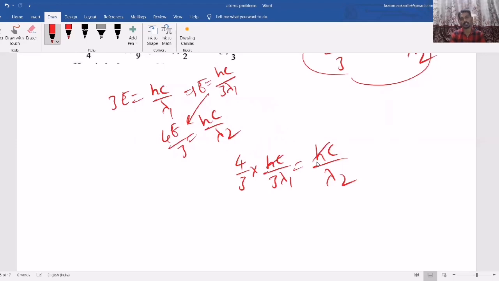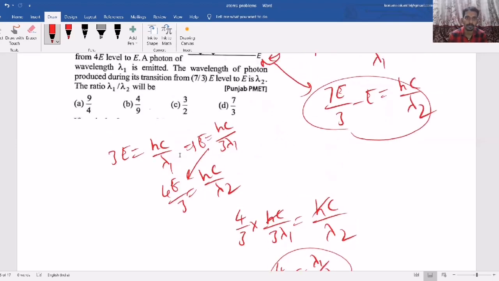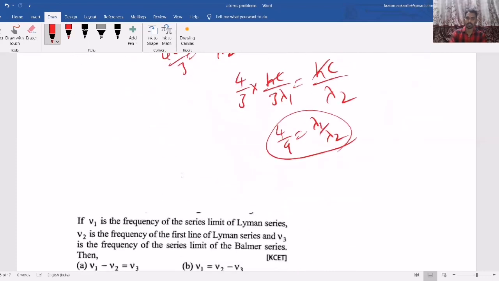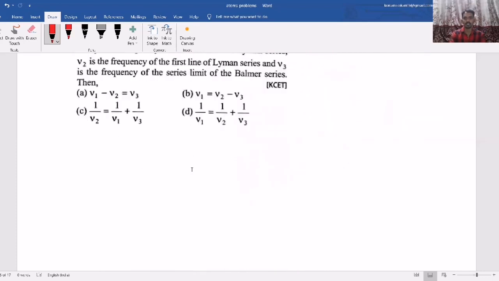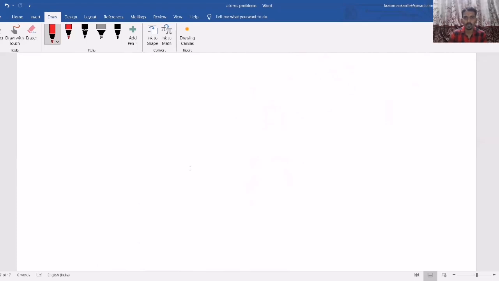So hc cancels. So 4 by 9 equal to lambda 1 by lambda 2. So this way again it is comparison based, but they have given their own energy values, not like the hydrogen atom or something. One unknown atom they have given.